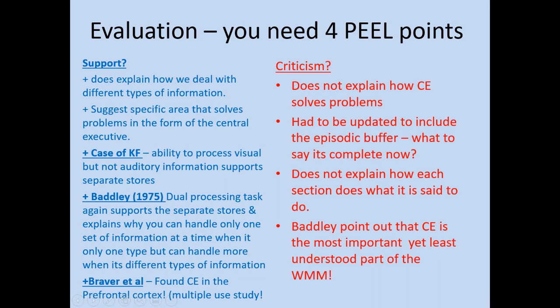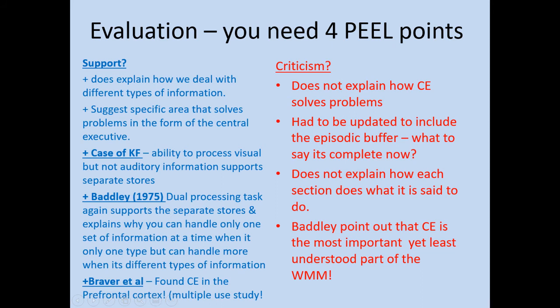We can, however, and do you remember me mentioning the case of KF? Remember KF can see? So he had the ability to process visual information, but not auditory information. So remember, it criticizes the multi-store model of memory in the fact that actually he should be able to have both of them or neither. And yet with the multi-store model of memory, while it doesn't work there, it does work for the working memory model.